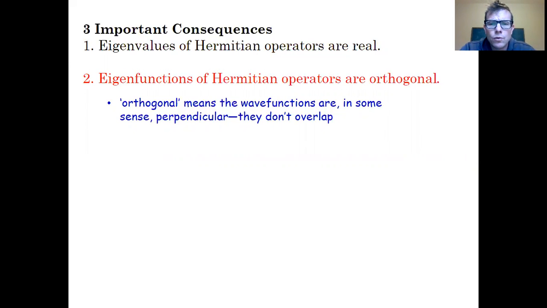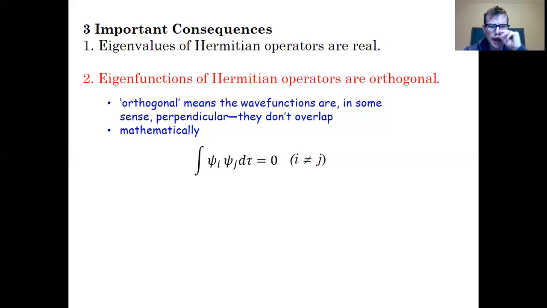What does that mean? Well, orthogonal means that the wave functions are, in some sense, perpendicular. Right? They don't overlap. And mathematically, we write that as follows. The integral of two separate eigenfunctions integrated over all space is equal to 0.